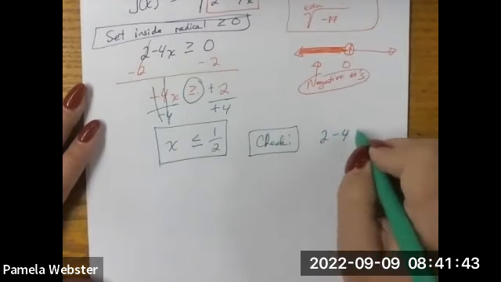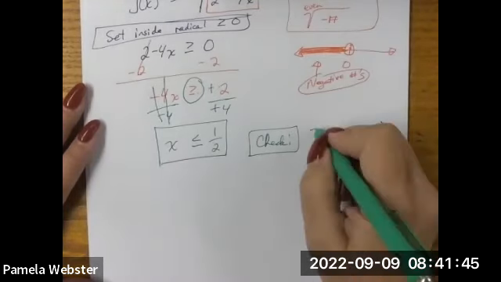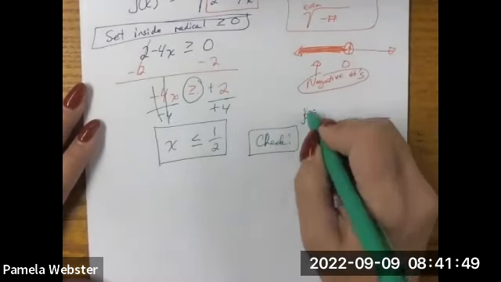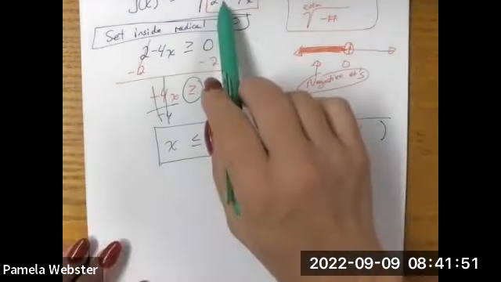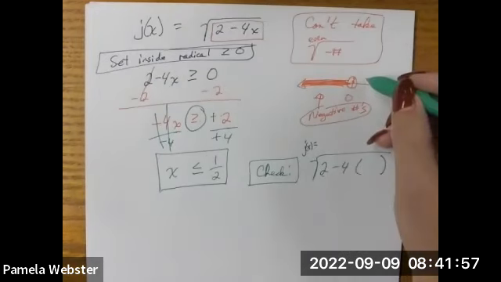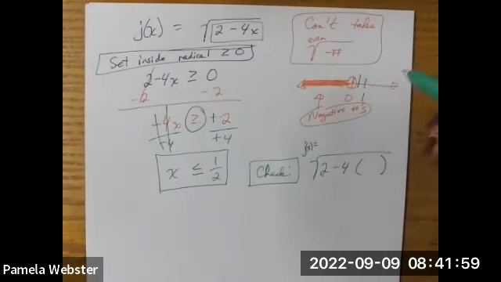So 2 minus 4, and I'm going to stick in something. I'm taking the radical, right? That's what g of x is. Make sure we know what we're doing. Coming back up here, right? So 2 minus 4, and I need some number that's less than 1/2. So 1/2 is, here's 1, 1/2's right there. Does everybody agree 0 is less than 1/2? I want to do 0 because that's a nice number for me mathematically speaking.